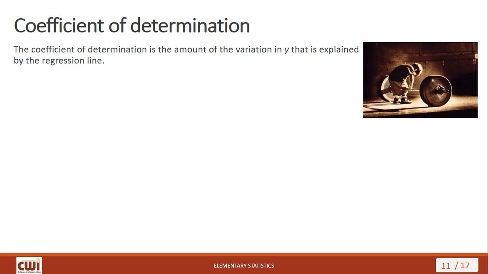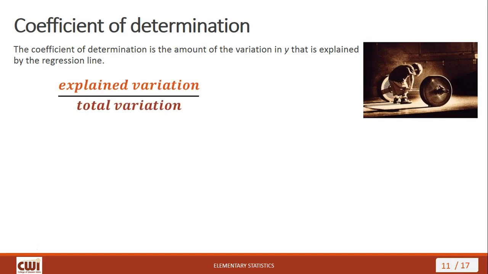So we can actually define this by writing it out in terms of a fraction. The amount of variation explained by the regression line is the explained variation divided by the total variation. We have the part over the whole.